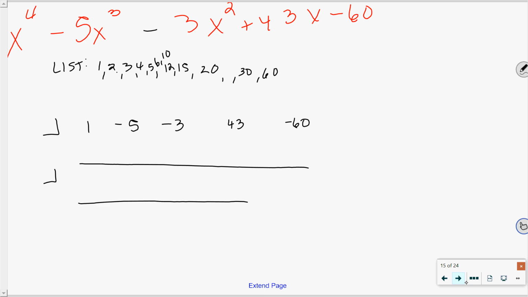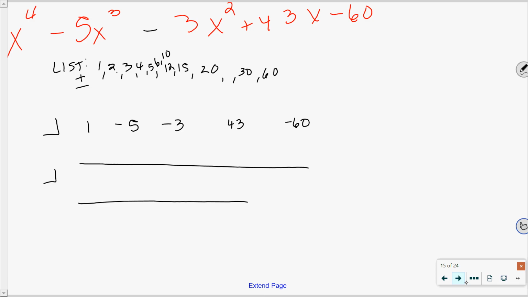Hannah, what am I going to do out front? Plus or minus. So we have 24 different numbers to try. And I only need to find 2 of them.